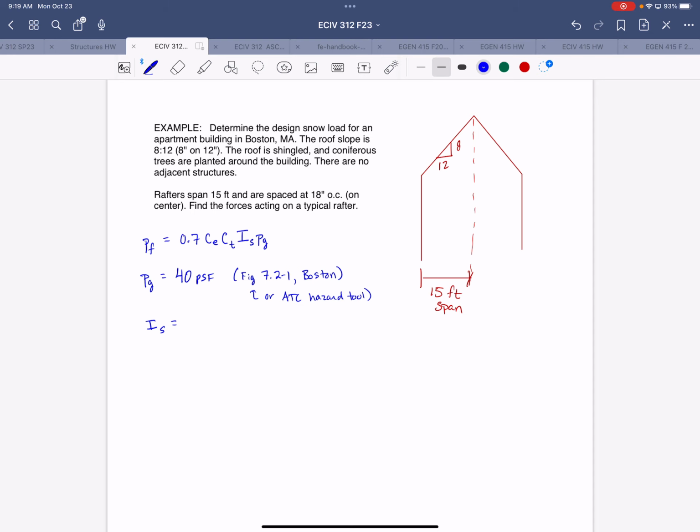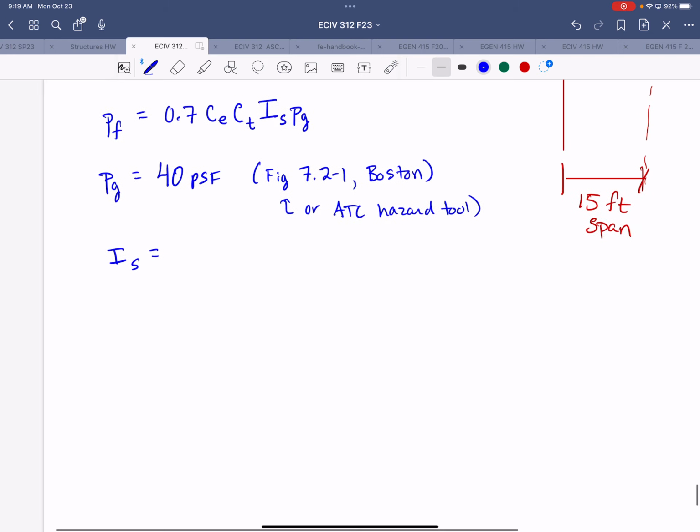Yeah, risk category 2. Most buildings fall into risk category 2. So our importance factor is going to be 1. And that comes from table 1.5-2.